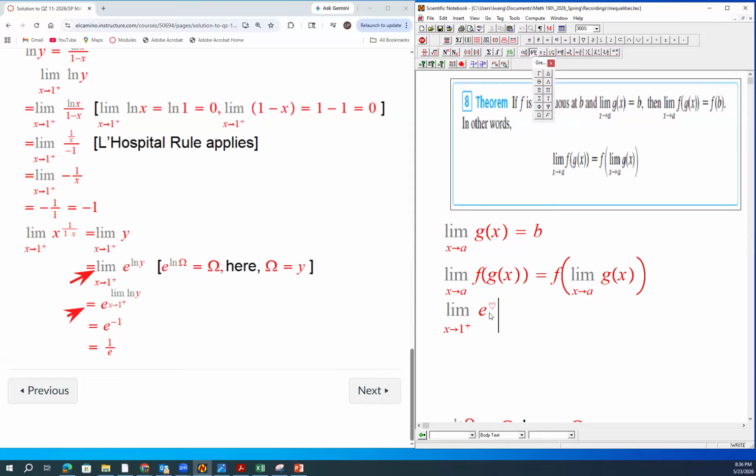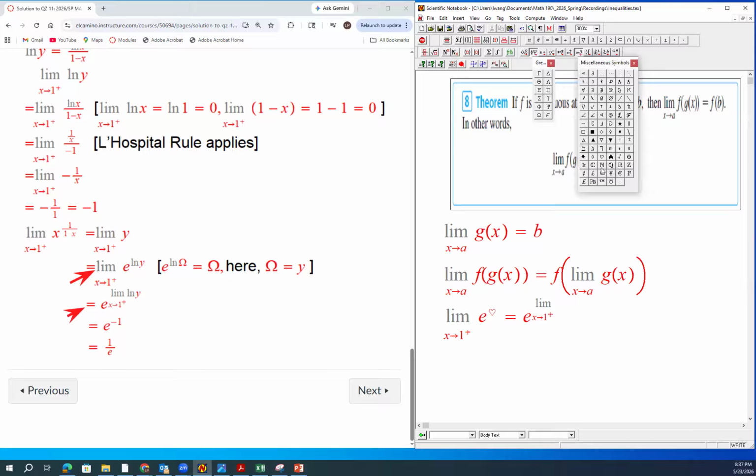If you look at the e function, the input is a heart, and the output is the whole of it. Since the heart, ln y, has a limit, we can bring that limit across the continuous function. e is a continuous function, and onto the heart.